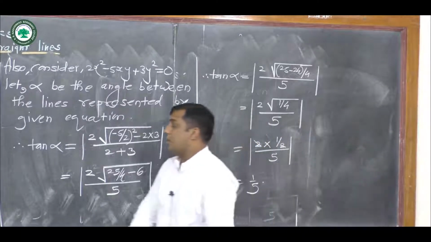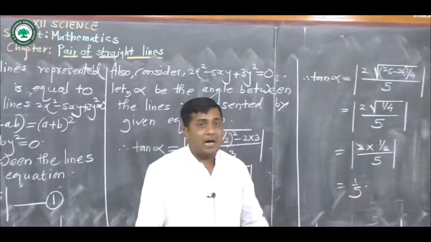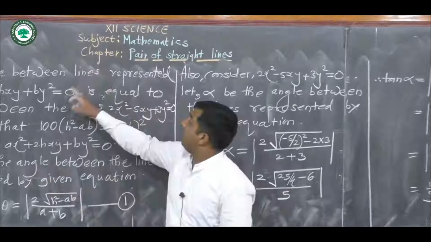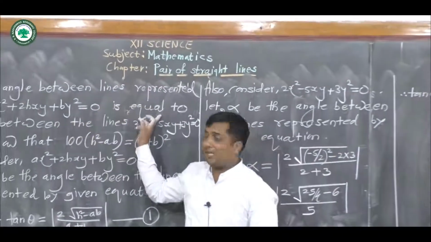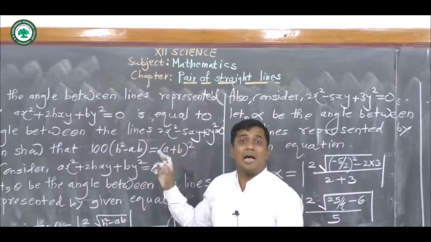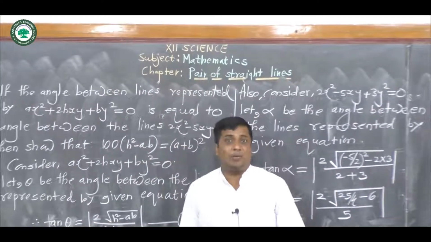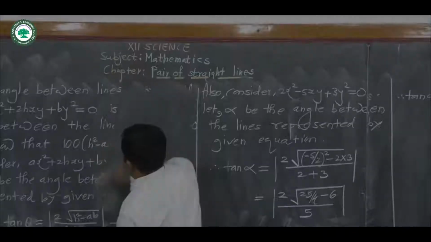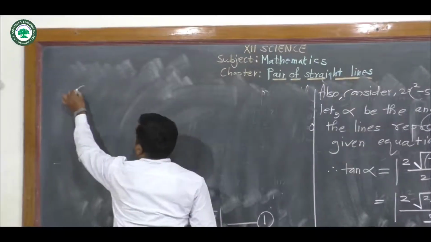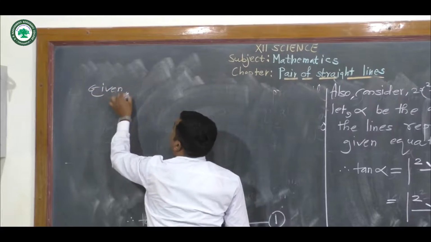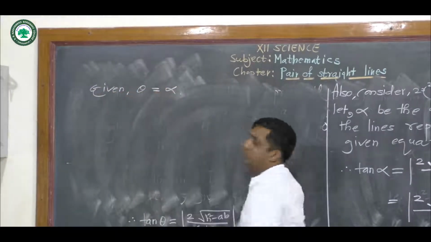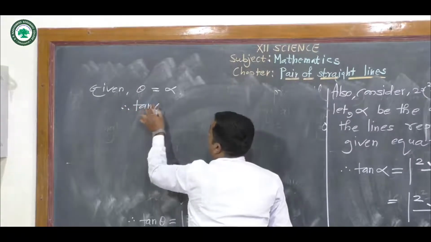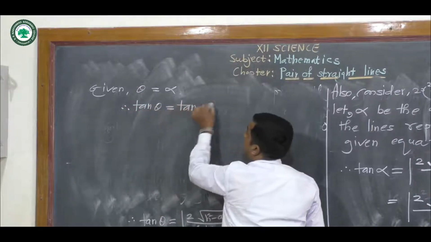Now we know tan theta, and we know tan alpha. Also it is given that the angle between the lines represented by this equation is equal to the angle between the lines represented by the second equation. So we consider theta is equal to alpha. Given theta is equal to alpha, I write tan theta is equal to tan alpha.